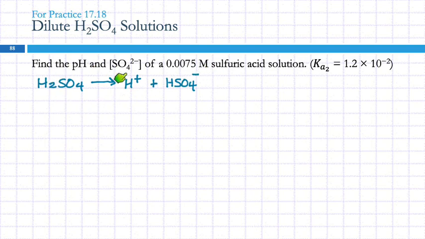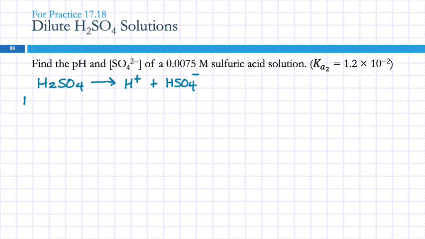So all of that reacts, and so the concentration of HSO4 minus is 0.0075, and the concentration of H plus is also 0.0075. Does that make sense? Because it all reacts. I saw some puzzled looks.